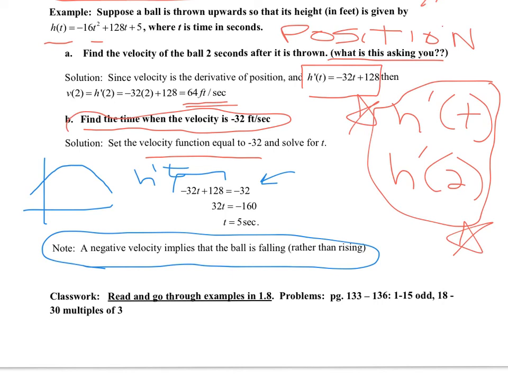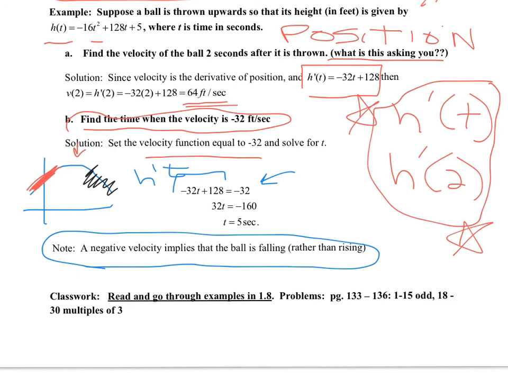So where is it positive? It looks to me like it is positive right in here. Okay, then it's 0 right here at the max, and then on the other side the velocity is negative because the slope is negative. So at this point in your calculus career, you're going to be doing a lot of analysis of physics equations. And this is a whole different way to think about it, and it's much easier.